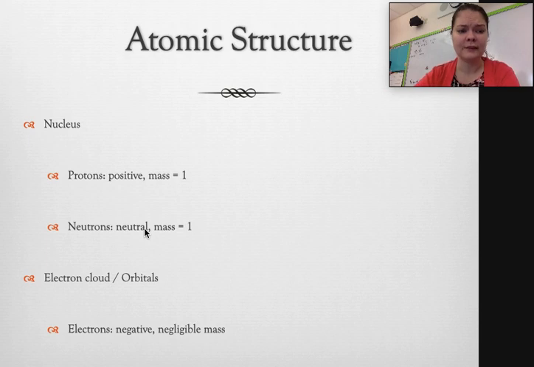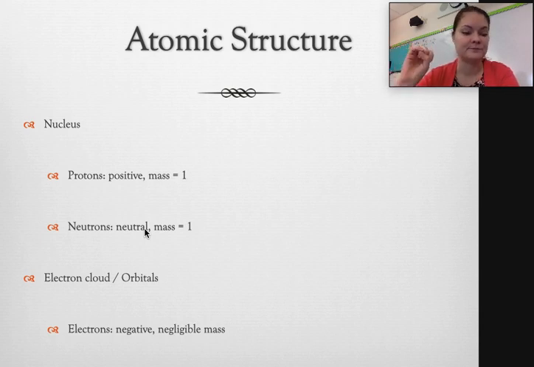So if you have the same element, but you have atoms that have differing numbers of neutrons, for example, if I'm looking at carbon, most of the time carbon has 6 neutrons, but sometimes it has 7. We call those different varieties of the same element isotopes.